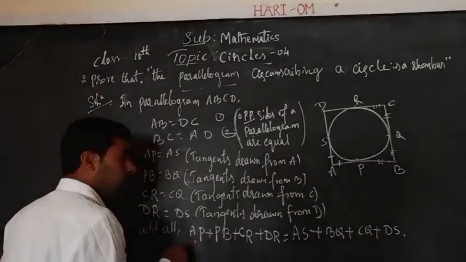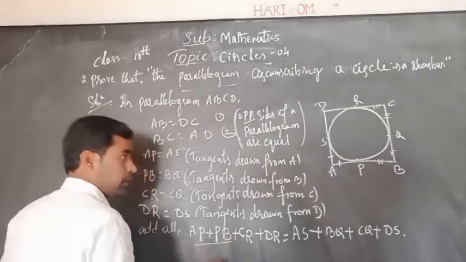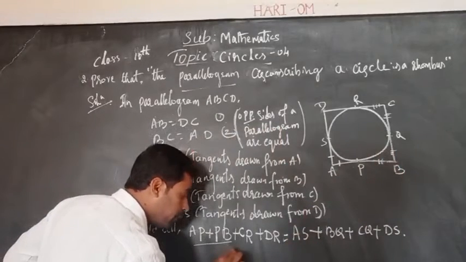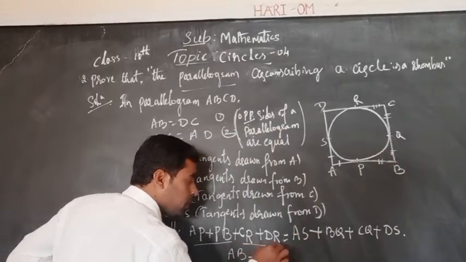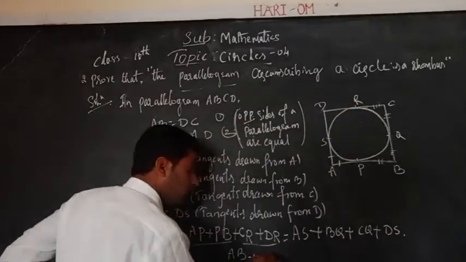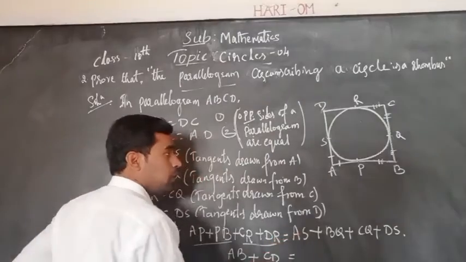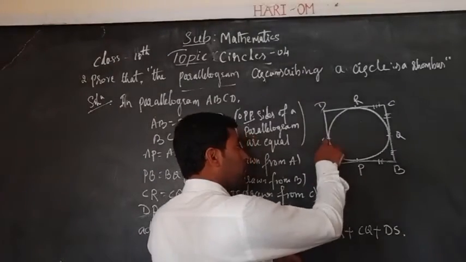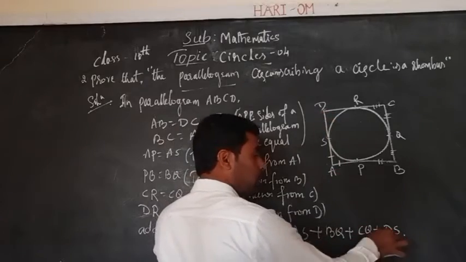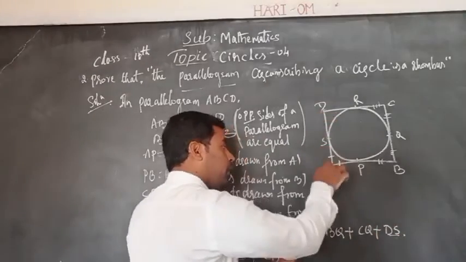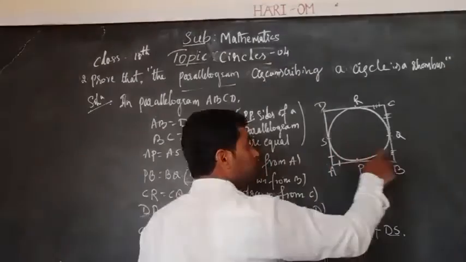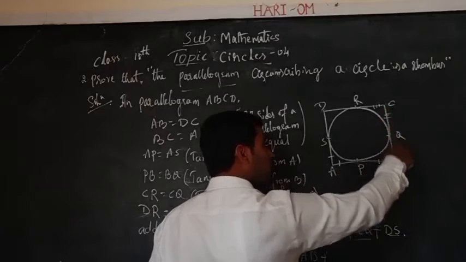Now AP plus PB is AB, and CR plus DR is CD, which is equal to AS plus DS, which is AD, plus BQ plus CQ. BQ plus CQ is equal to BC.